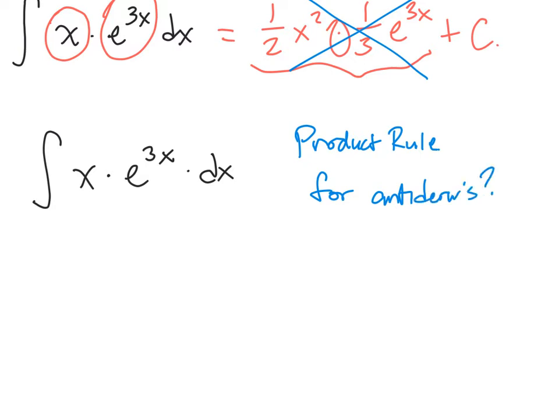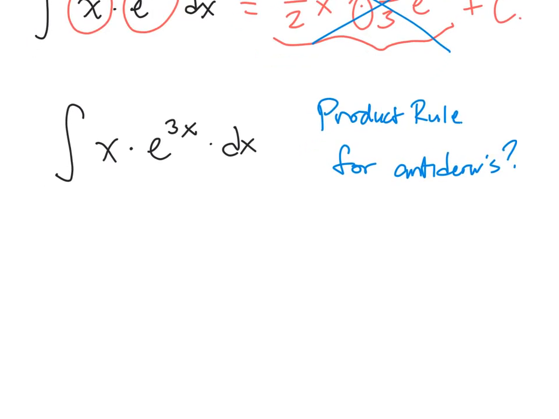Now the thing to keep in mind here is that every rule about integrals is related to some corresponding rule about derivatives. So you can't think about a product rule for antiderivatives without thinking about a product rule for derivatives. And you probably already know the product rule for derivatives.